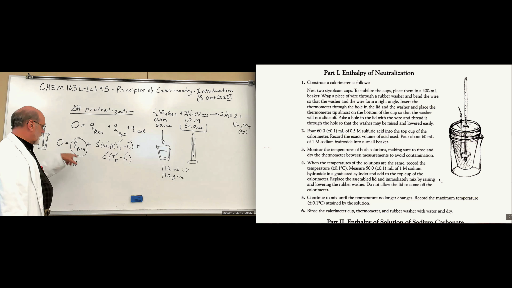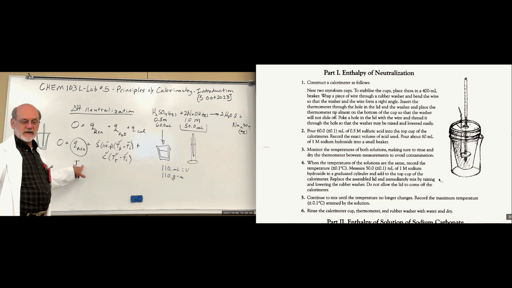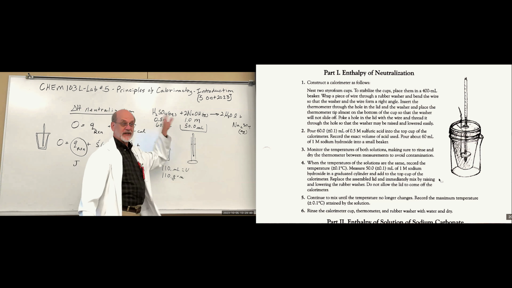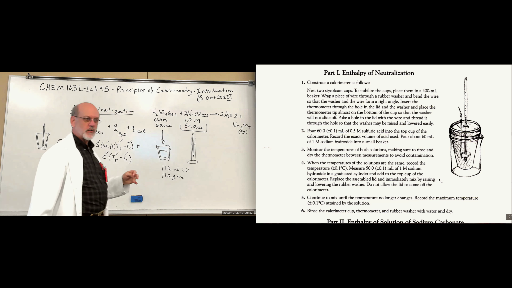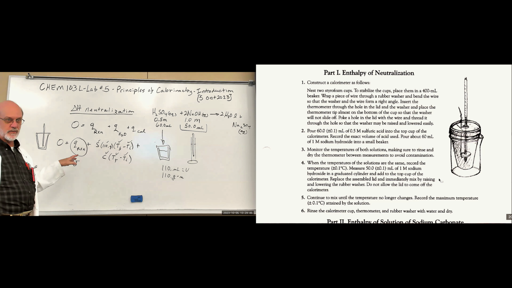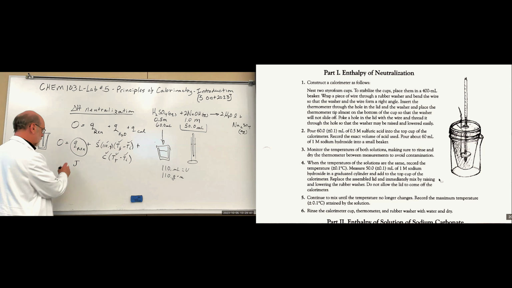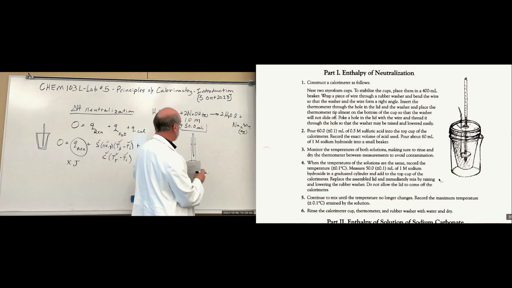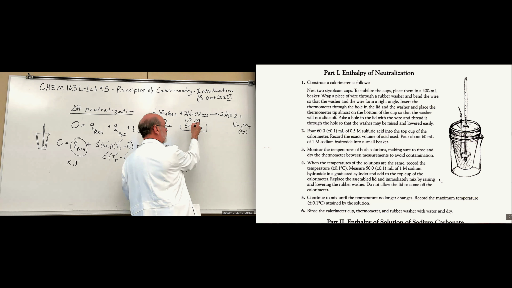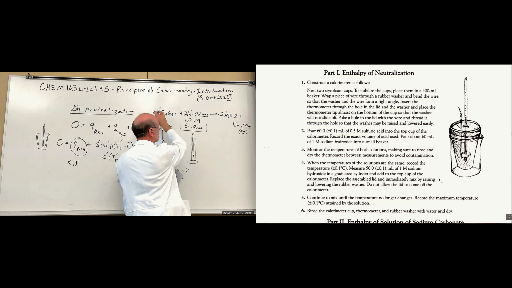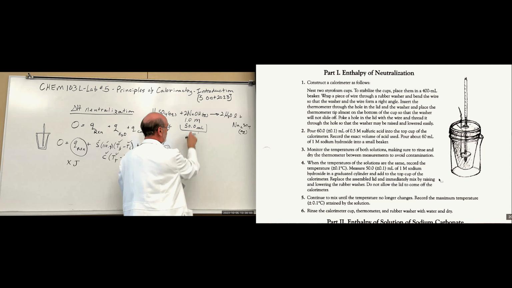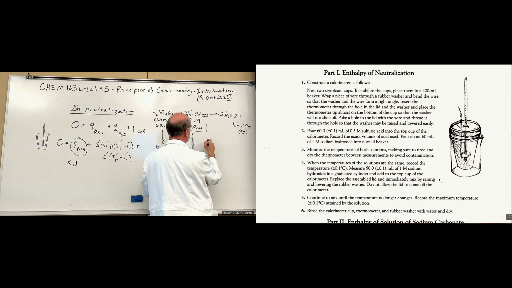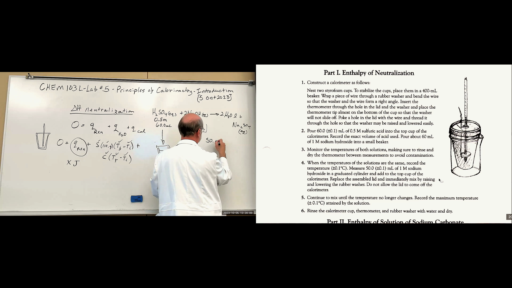So this Q is an extrinsic property. It will vary depending on how much of this stuff you put together. So we've got to ratio it to something so that it becomes an intrinsic property. So we ratio it to, let's see, X amount of joules. We ratio it to the number of moles of water produced. Okay. And since this is the limiting one, we don't have to calculate from that. We just need the balanced equation. Okay. 50 milliliters times 1 molar is 50 millimoles, correct?